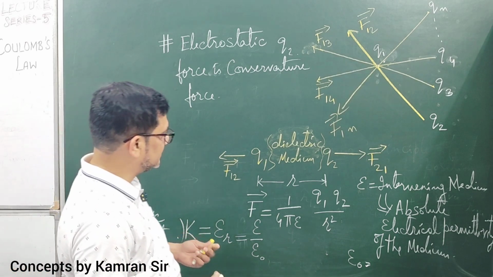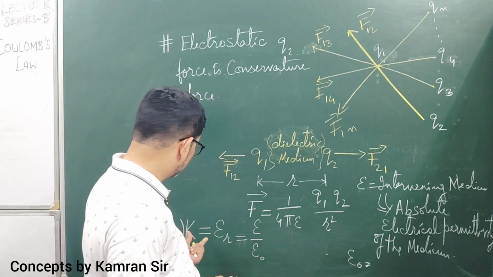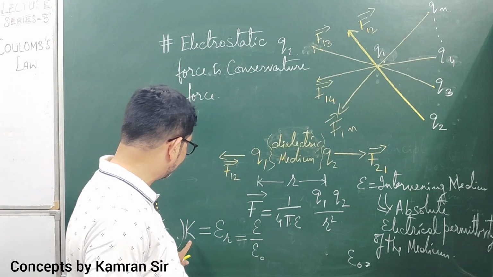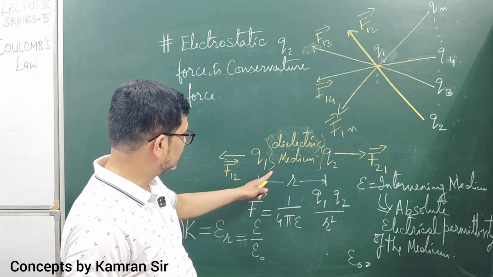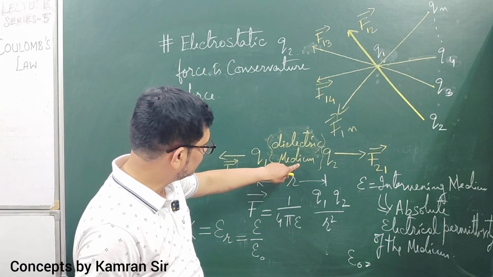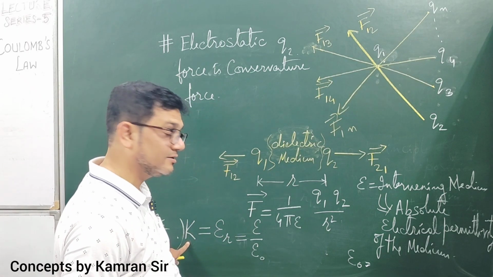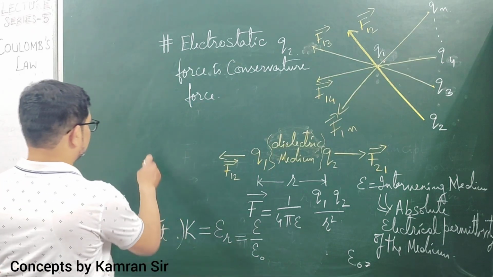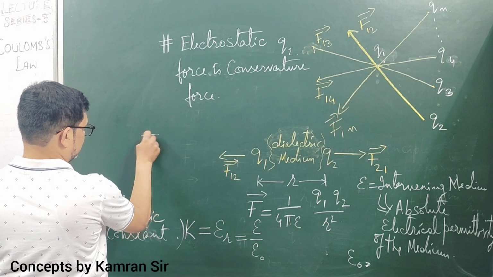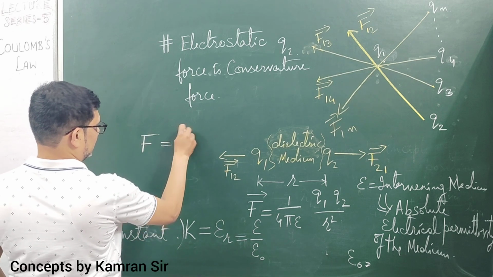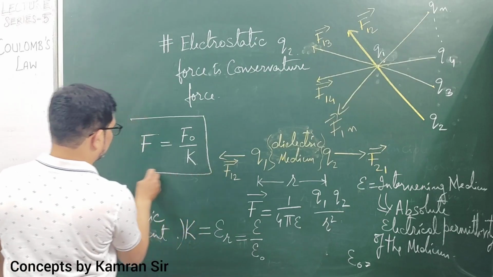So what exactly is happening? What effect is it going to produce? The force gets reduced by a factor K because of the introduction of this medium. So F is equal to F naught over K. This is a very important relation.